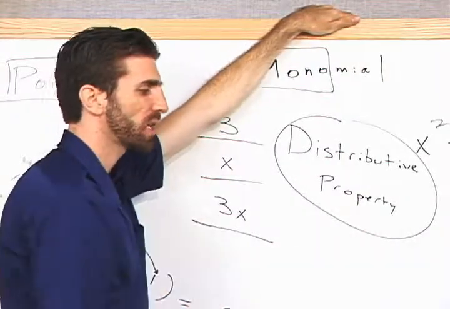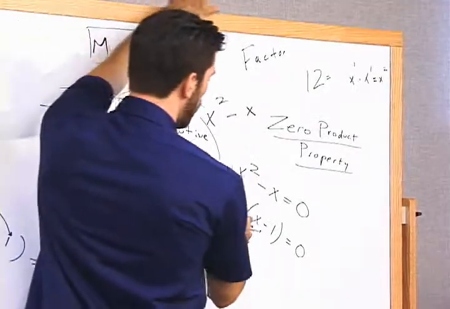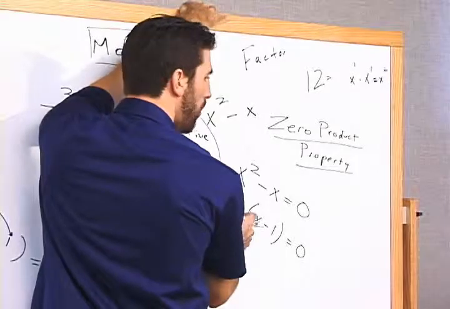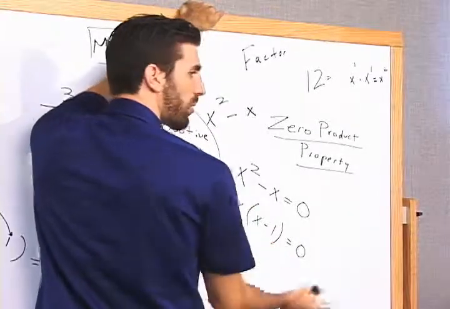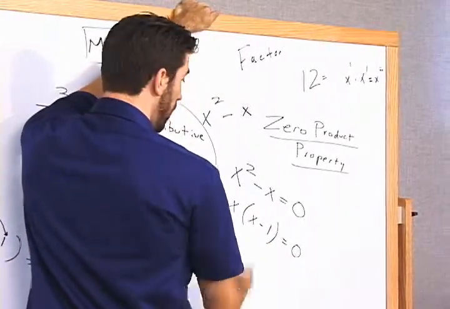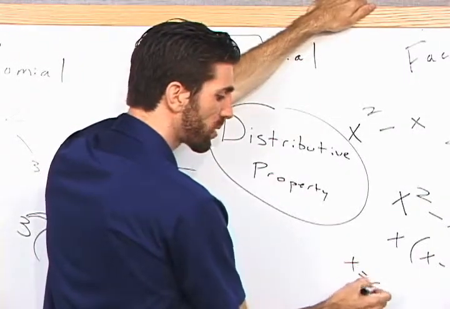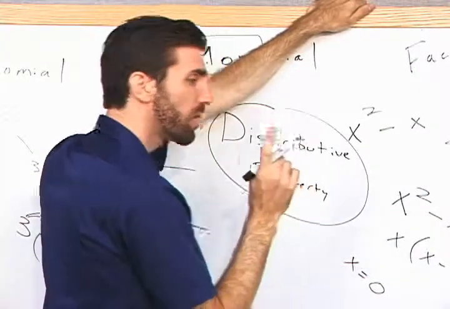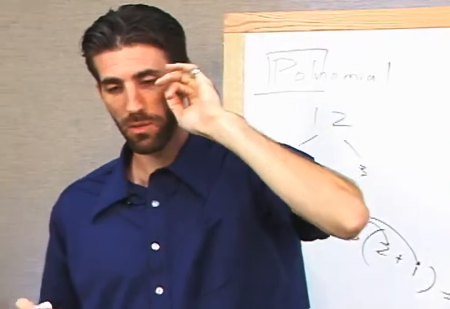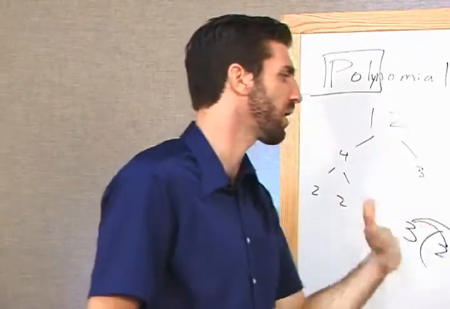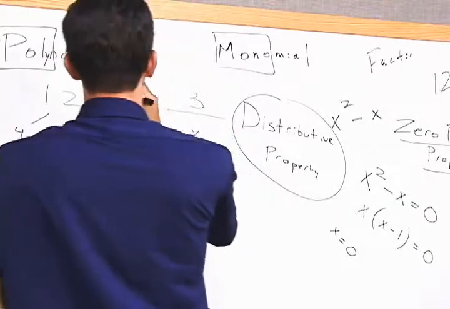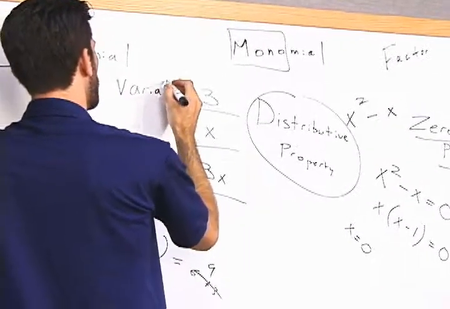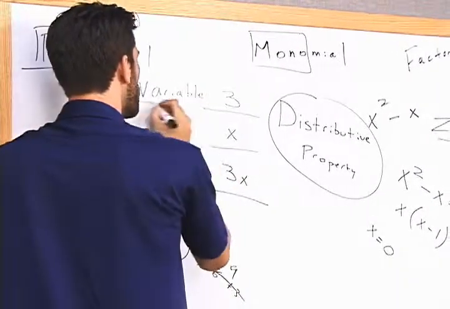So x times x minus 1 equals 0. The way we can solve this is to ask what number times any number equals 0? 0. So x has to equal 0. But remember, the first thing we talked about today was variable. What is a variable?